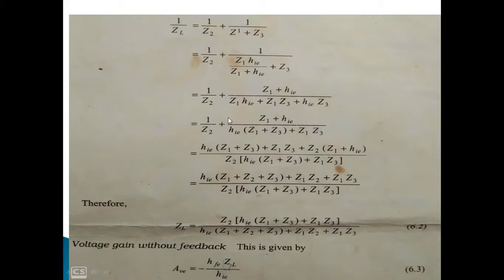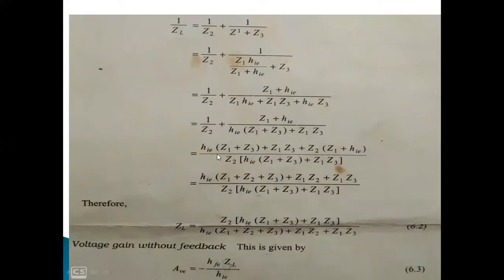So 1 by Z2 plus Z1 plus HIE by, here we have two terms, that is HIE terms. If you take HIE as common, we have HIE into Z1 plus Z3 plus Z1 Z3. Okay. So this is one term and this is another term, and make LCM.